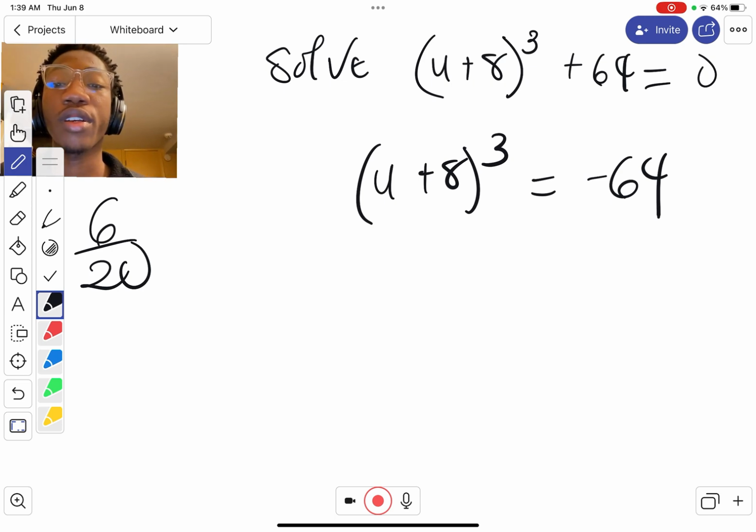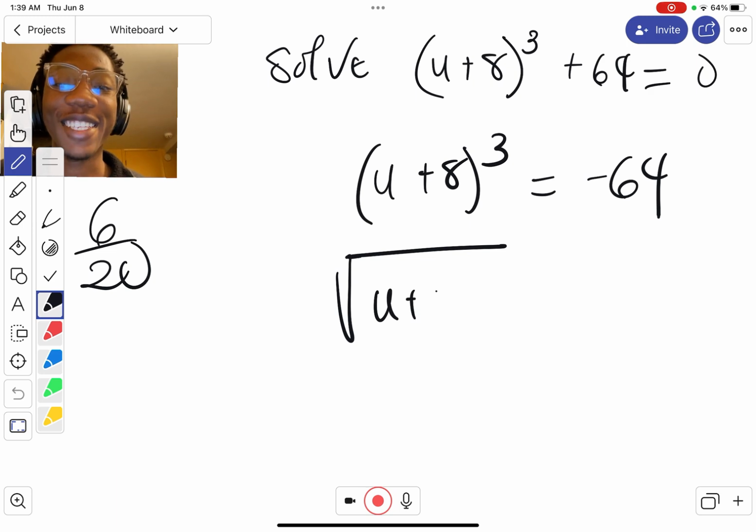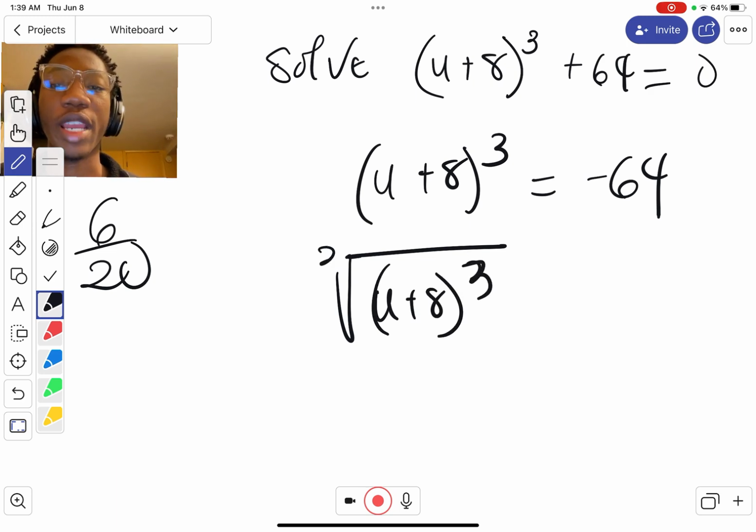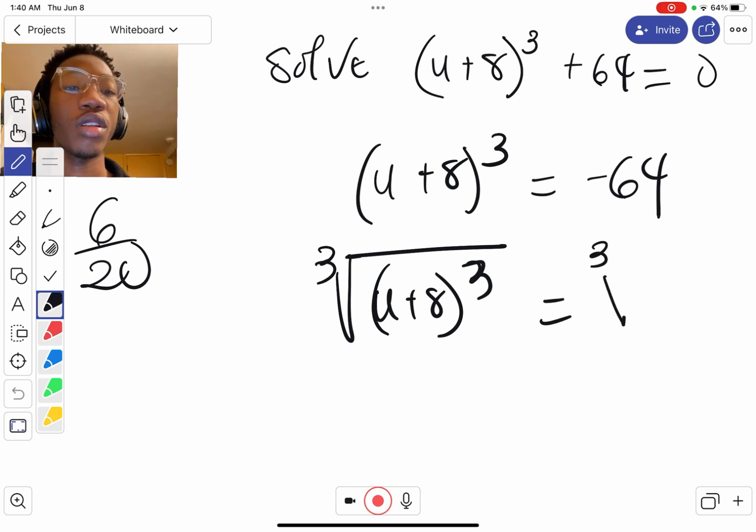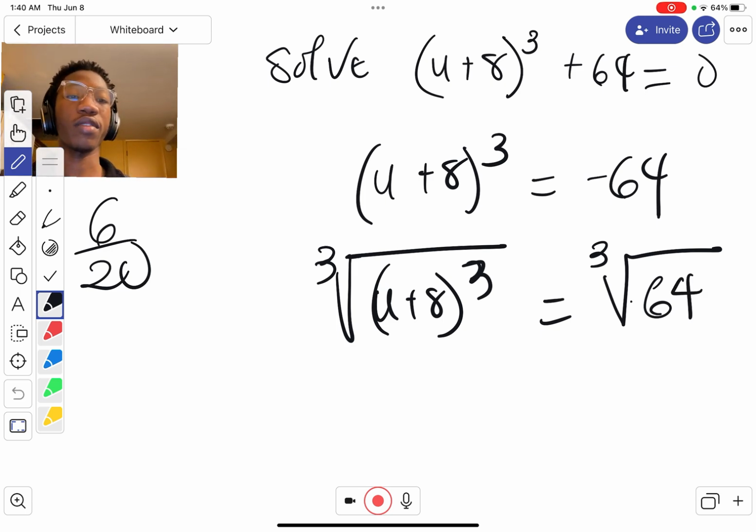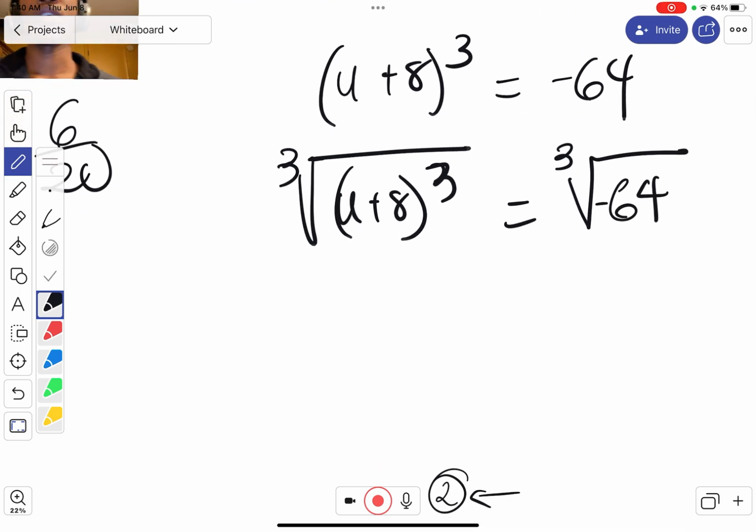So it's the cube root of (u + 8)^3 equal to the cube root of negative 64. The two cancel out, so we have u + 8.